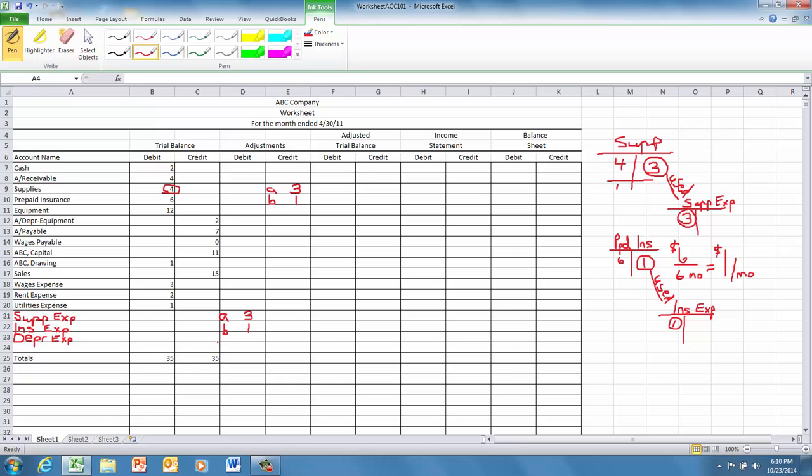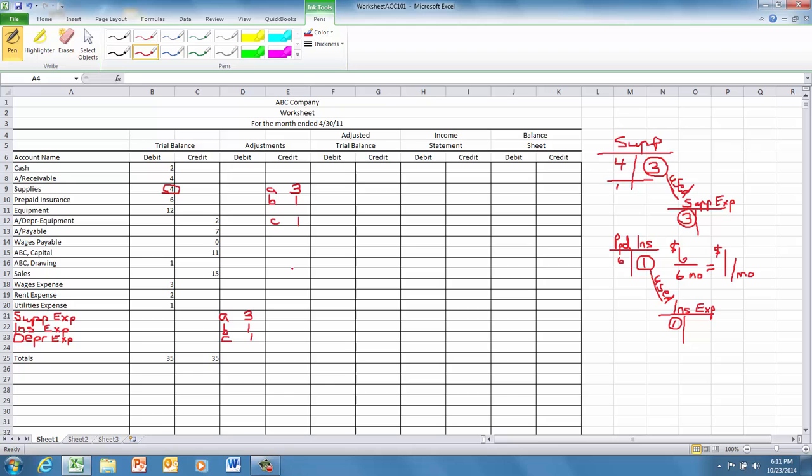Okay, and a little letter C and my dollar, and I need to credit accumulated depreciation dash equipment, which is up here. That's my contra account, little letter C and a dollar on the credit side there.